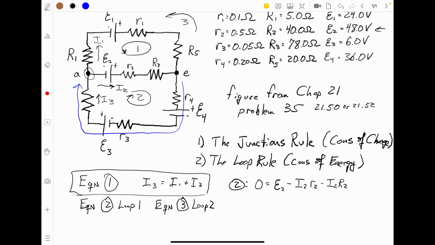Now we're going to turn the corner, go up towards R5, but in our case, is I1 going with our circle or against it? I1 is going against it. So we are actually going upstream. So we're going to put plus I1 times R5. We're going to put plus I1 times R1.